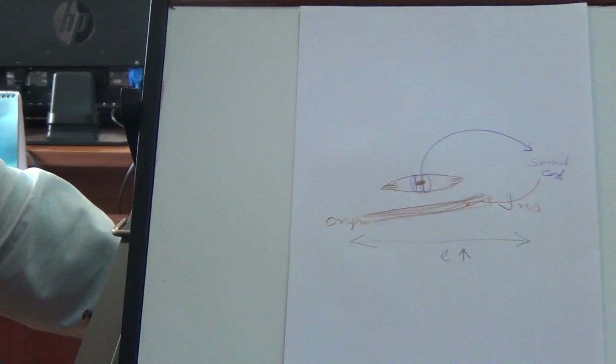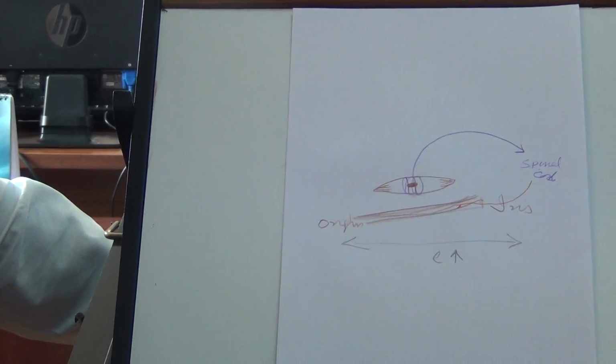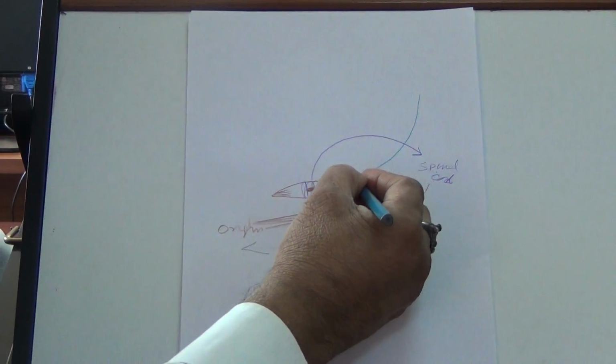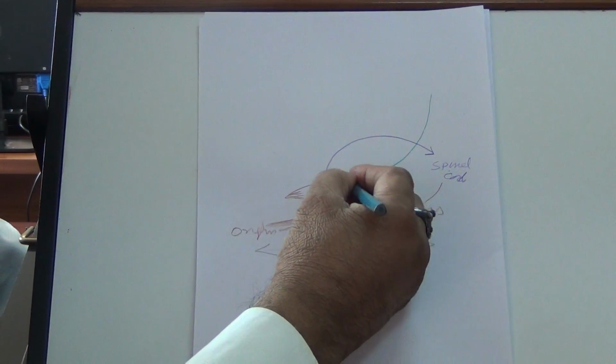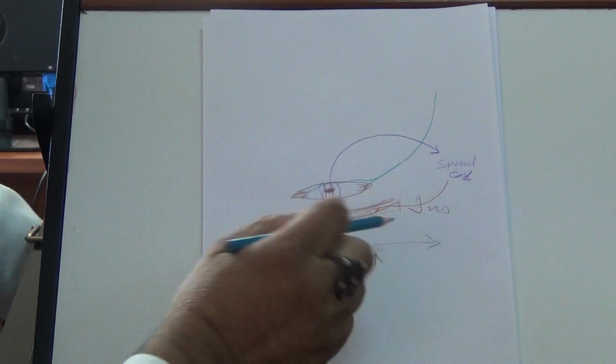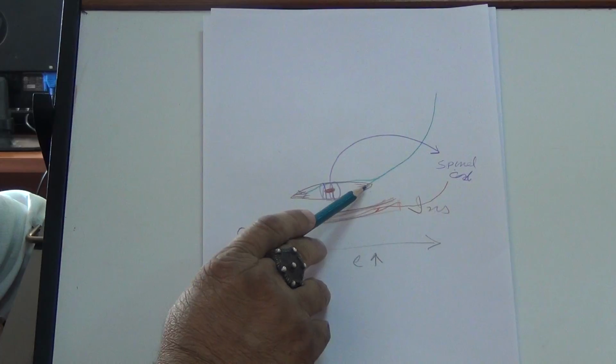So the extrapyramidal system basically acts on the intrafusal fibers. These are gamma neurons.